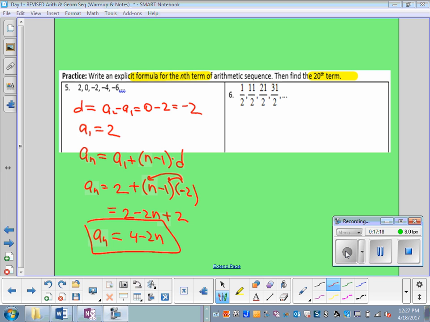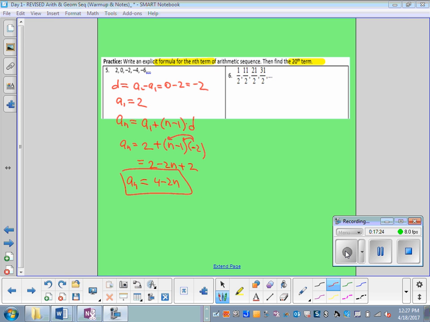However, there is a second part of this problem: find the 20th term. Now that I have this lovely formula, my 20th term A20 can be found using this formula with n equals 20.